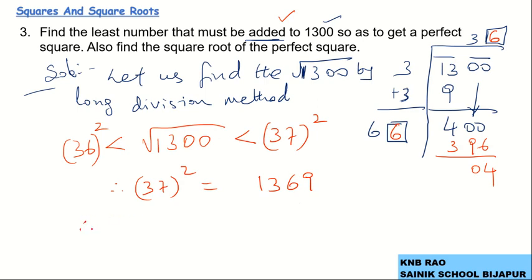Therefore, how much is extra yet to be added from 1300 to 1369? 69 to be added.